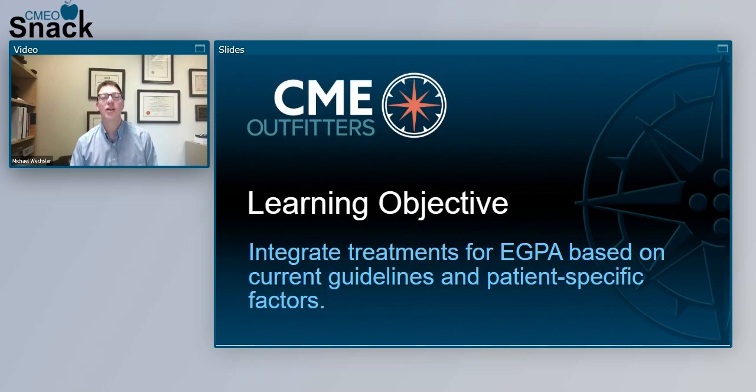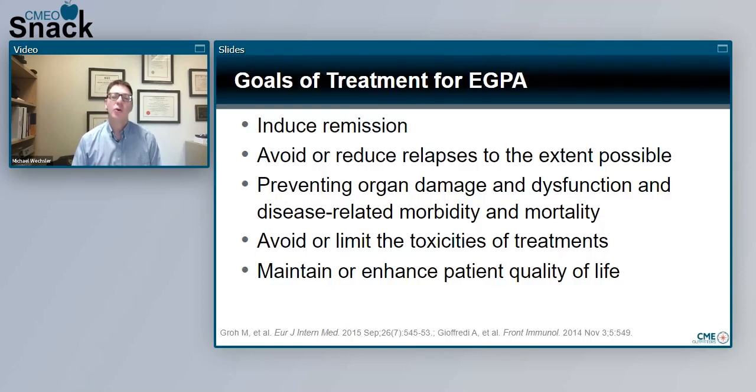So here are our learning objectives for today. Our major goal is to try to integrate treatments for EGPA based on current guidelines and patient-specific factors. Really, when we think about treating EGPA, I think it's important to step back and ask, what are the goals of treatment? First of all, it's critical that we induce remission in all of our patients.